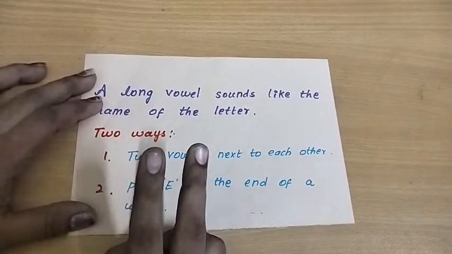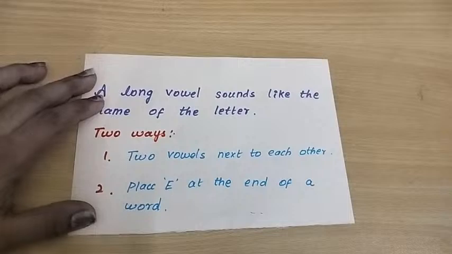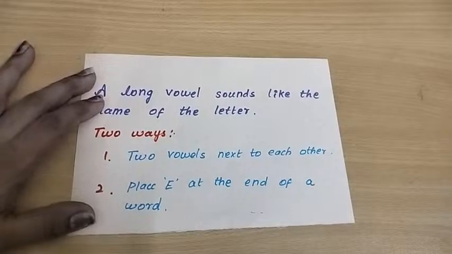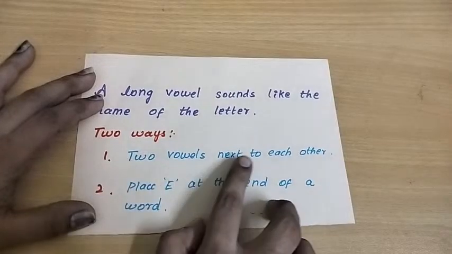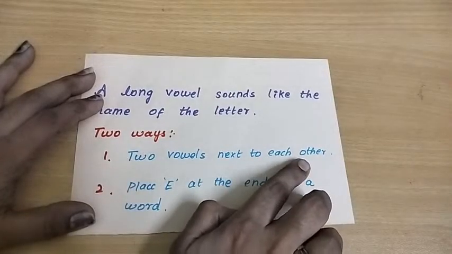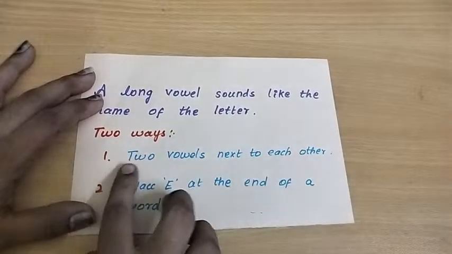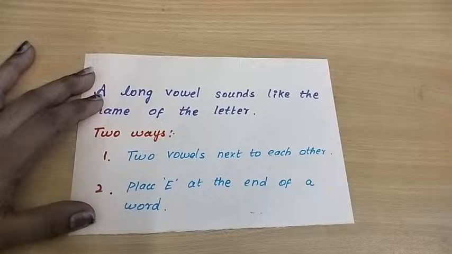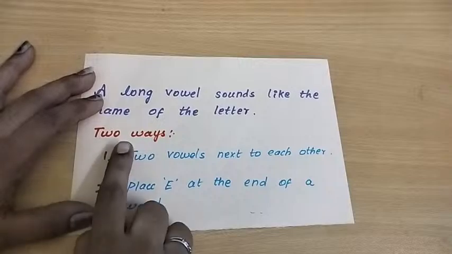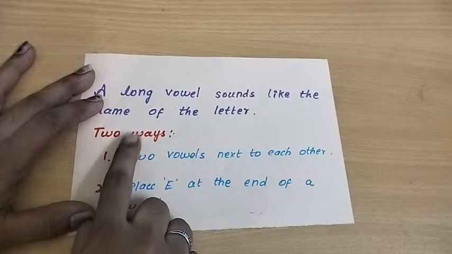There are only two ways we can see whether it is a short vowel word or a long vowel word. The first way is two vowels next to each other. The case I told you before, if two vowels are combined in a single word, the second comes next to the first vowel. That is one way we can find that it is a long vowel.